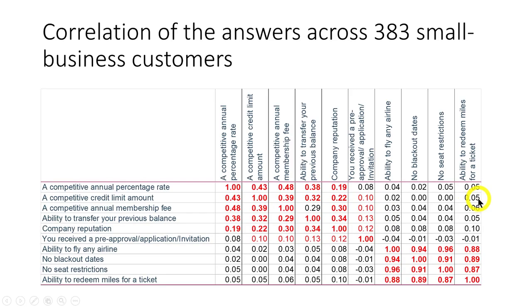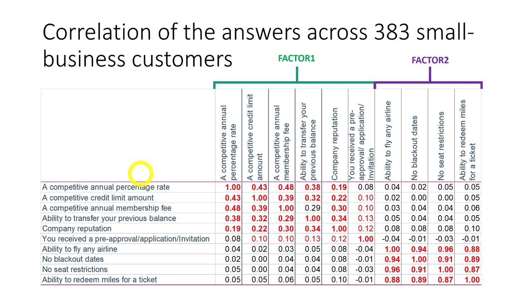The only thing I had done here was to rearrange the rows and columns so that variables that are highly correlated with each other are grouped. So now you can see fairly clearly there are two blocks of variables here. We have one block that I called factor 1 that contains competitive annual percentage rate, competitive credit limit amount, competitive annual membership fee, ability to transfer your previous balance, and so on and so forth.